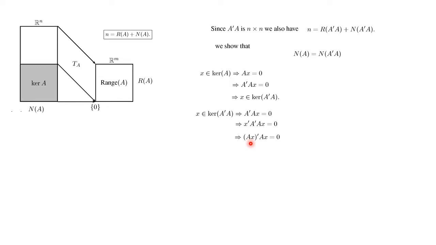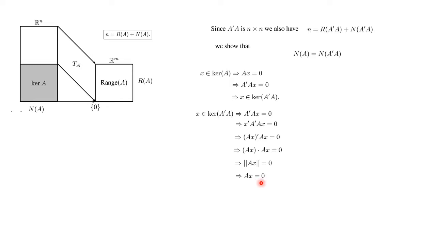And here we've got a vector transpose times the vector. That's just the dot product. And the dot product of a vector with itself is the square of the length, and then that means that if the square of the length is 0, then the length or the norm is 0.